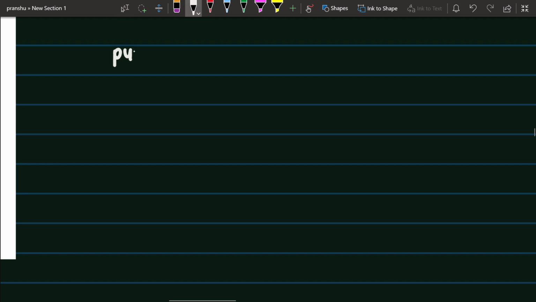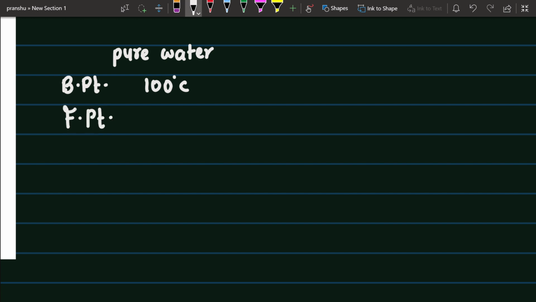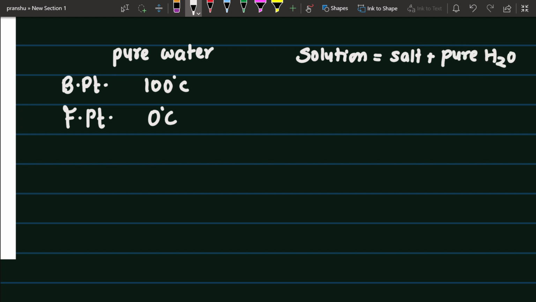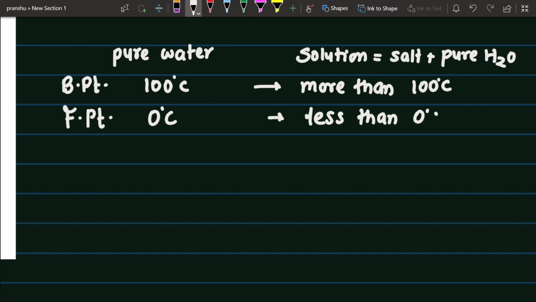If pure water has boiling point 100 degrees Celsius and freezing point 0 degrees Celsius, and if we make a solution by adding some salt to pure water, then normally boiling point becomes more than 100, and freezing point becomes less than 0 degree Celsius.